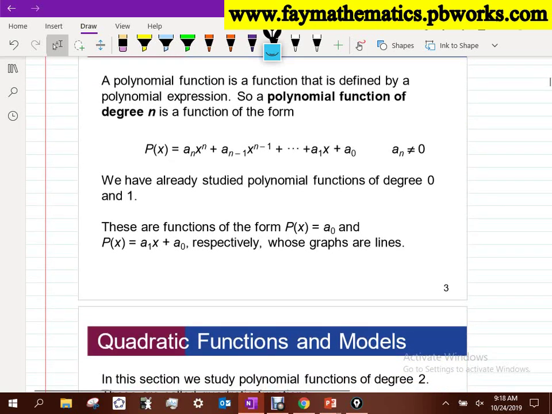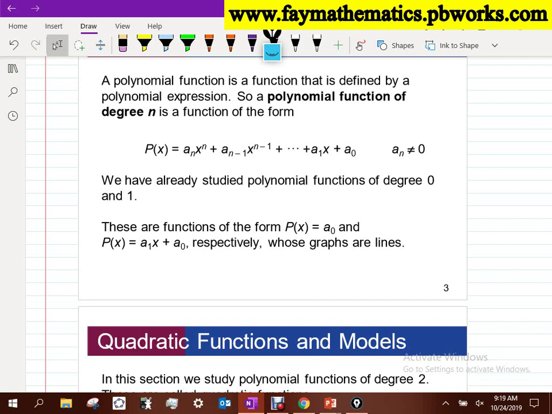This is the general form for any polynomial. It says a sub n, a sub n minus 1, a sub n minus 2, down to a sub 1. Those are just coefficients for your individual polynomial terms. The subscripts allow us to link: a sub n goes with the x to the n, so that's the coefficient that goes with x to the n.